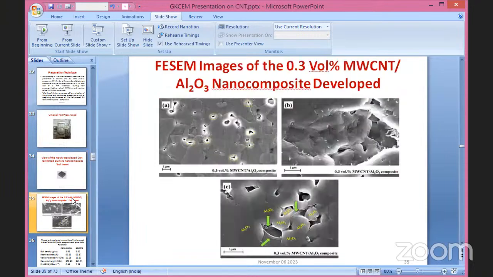If you see the microstructure of this nanocomposite, these are scanning electron microscope images at different magnifications of the developed material. The basic substrate is alumina, and on it the small green arrows indicate small string-type features.